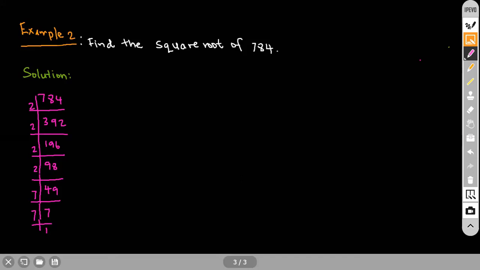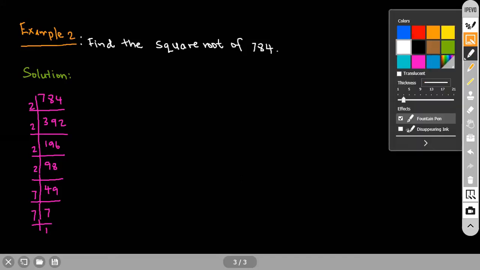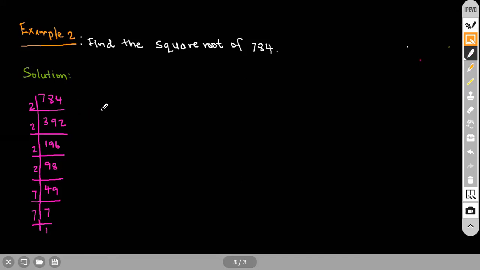Okay, so it means that 784 is equal to 2 four times, that is 2 times 2 times 2 times 2, and then 7 two times.